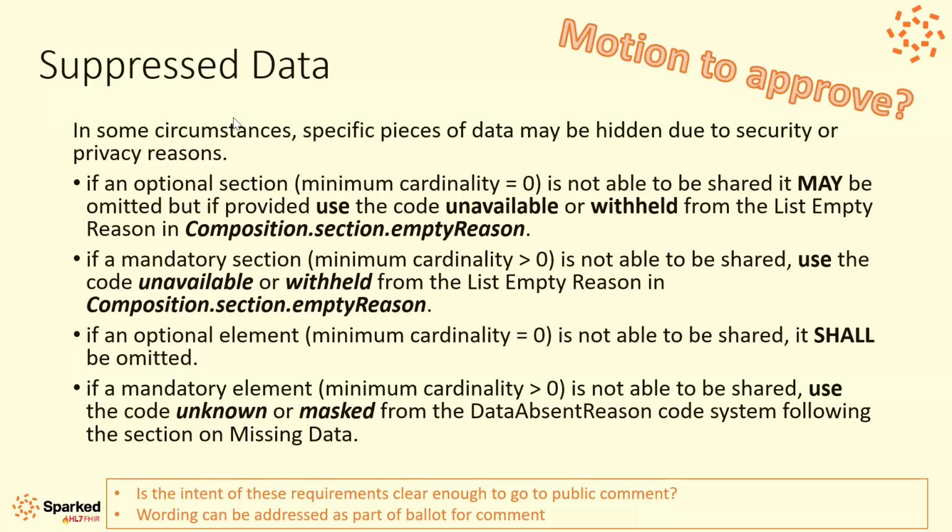All right, thanks. So let's say "In some circumstances, specific pieces of data may be suppressed," full stop. Does anyone want to argue for something other than what I just said? I can also put it in the chat. Hang on.